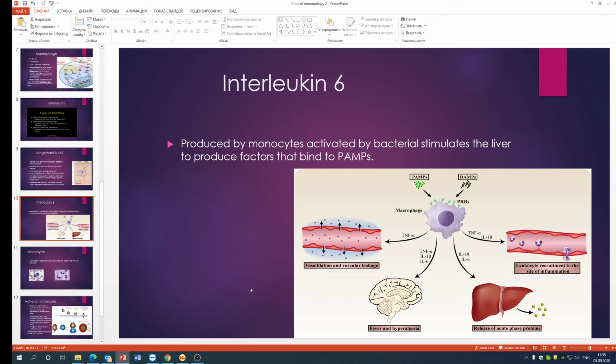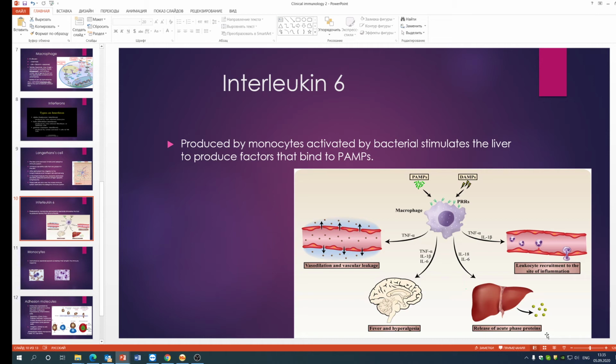Interleukin 6 is released and stimulates the liver to form acute phase proteins, such as C-reactive protein, amyloid protein, and other acute phase proteins.